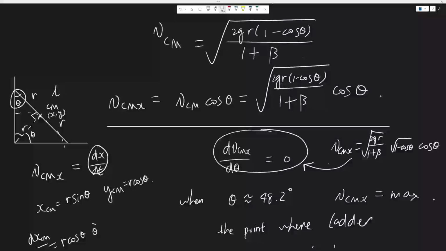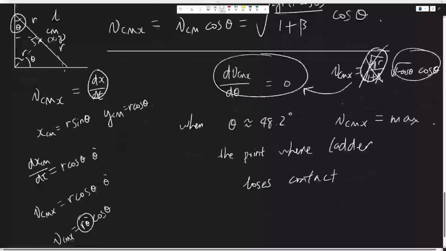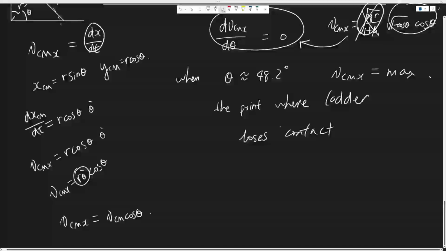When we're trying to find the derivative, we don't need to care about this constant part, and so we just plug the rest into the calculator and it'll be much faster. And so when theta equals 48.2 degrees, that's the point where the ladder loses contact.